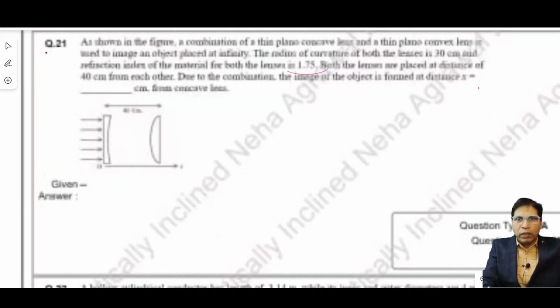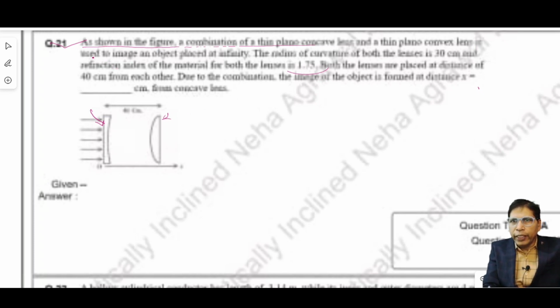Okay. Now question number 21. As shown in the figure, the combination of a thin plano concave lens and a thin plano convex lens is used to form image of an object placed at infinity. Look at this. This is the thin plano concave lens, and this is the thin plano convex lens. Okay.